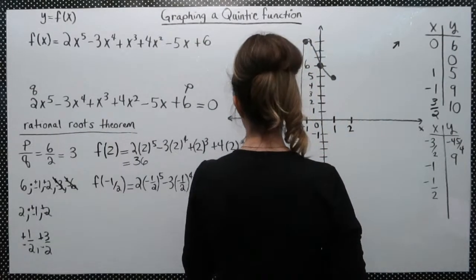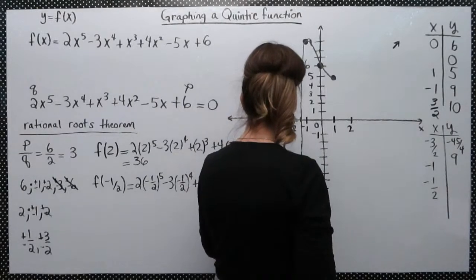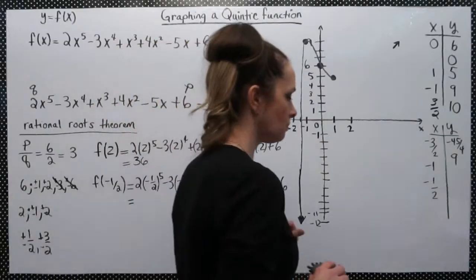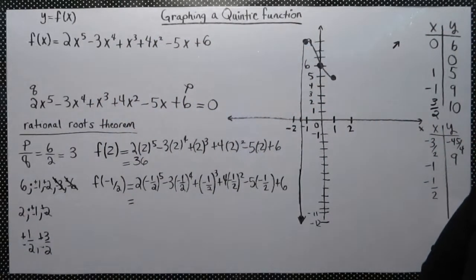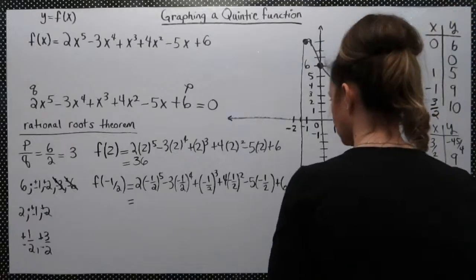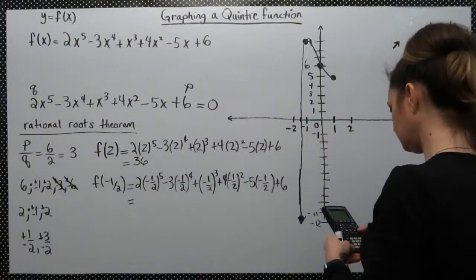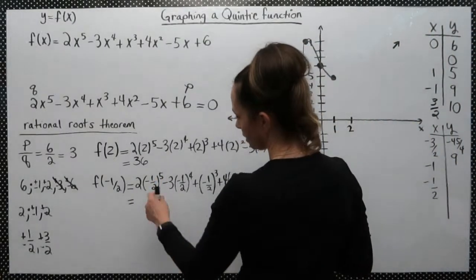All right, negative 1/2 minus 5 times negative 1/2 plus 6. And we'll let the calculator do that work because I'm already at 30 minutes. That's a lot. So you got to raise to the 5th power the numerator and the denominator.